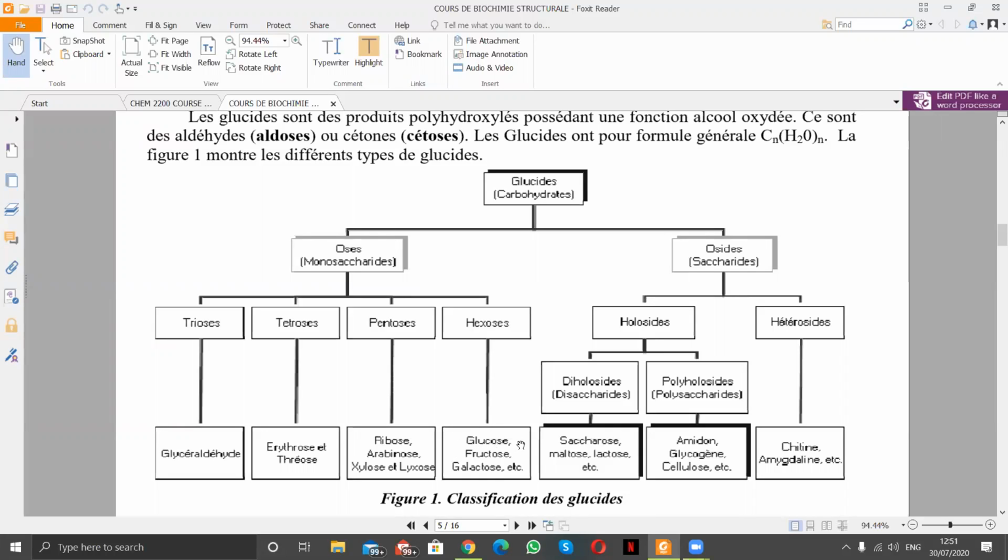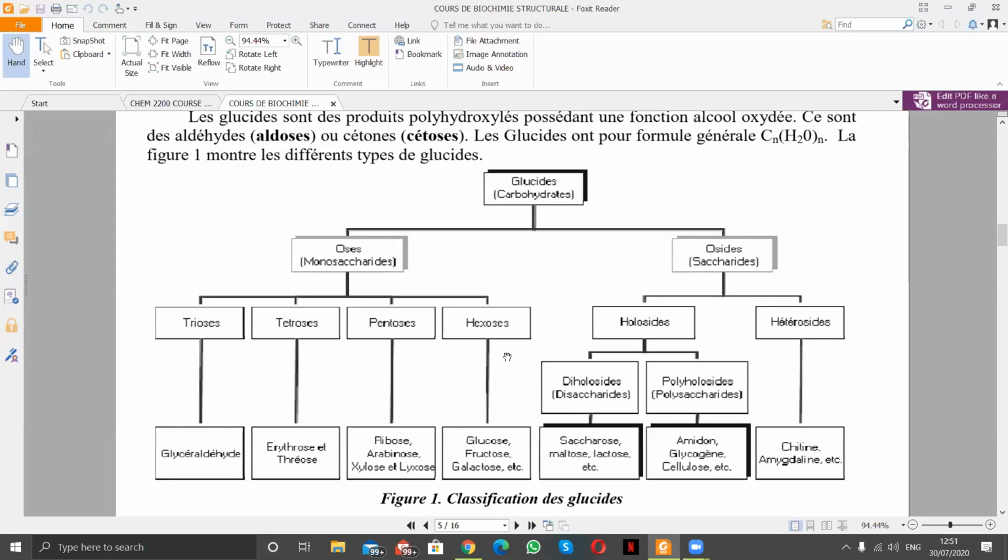I earlier mentioned that glucose and fructose are the abundant monosaccharides. Then other examples of monosaccharide are galactose and so on.